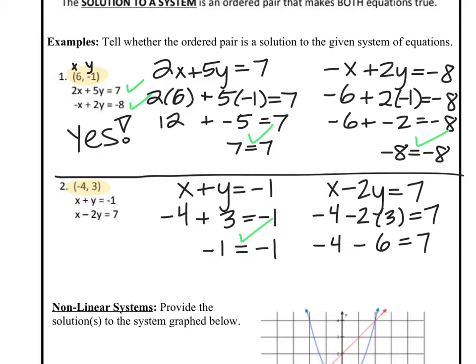What do we get? Negative 10. Guys, is negative 10 equal to 7? Heck no. So do you think that (-4, 3) is a solution to the system? No. Because while it worked for the first one, it did not work for the second. So you have to make sure you check both.